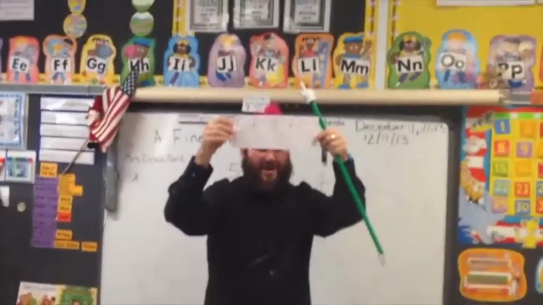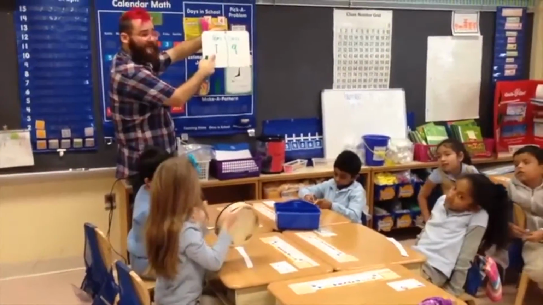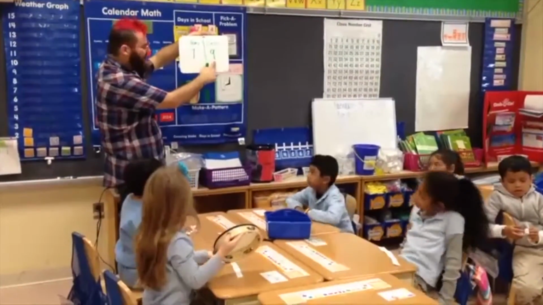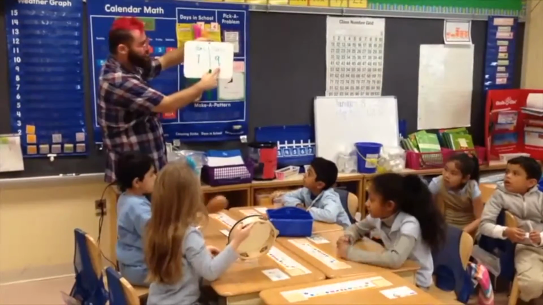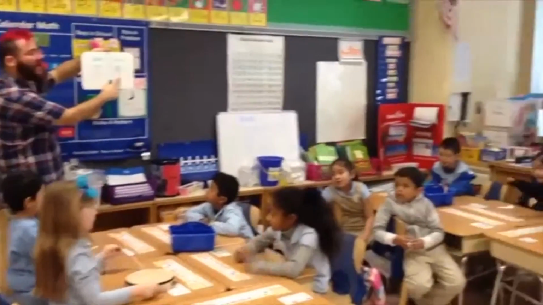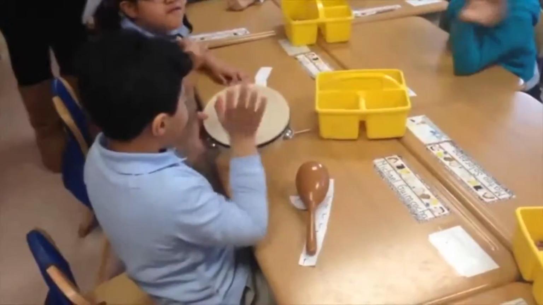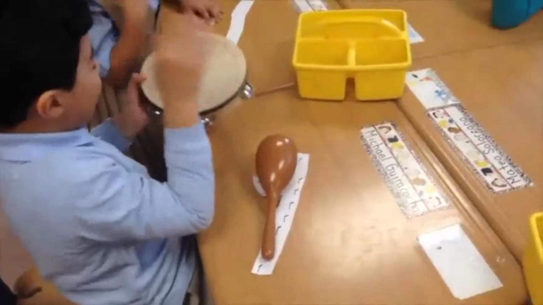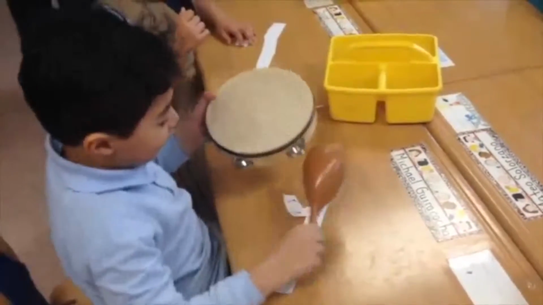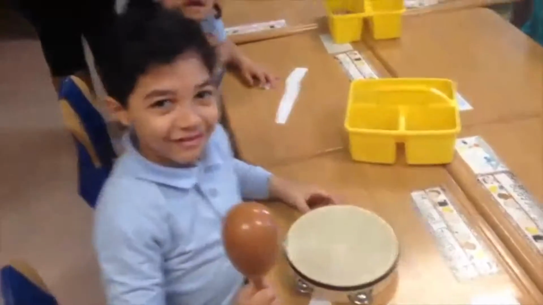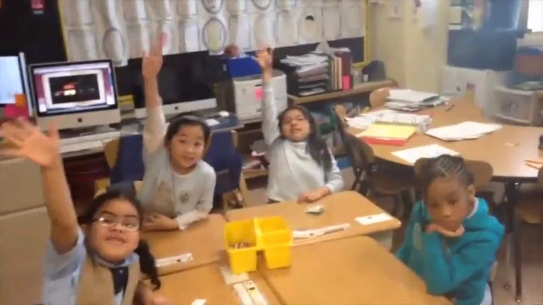Ladies and gentlemen, give them a good round of applause. 1, 2, 3, 4, 5, 6, 7, 8, 9, 10, 11. We got 11, 12, 13, 14, 15, 16, 17, 18. Go. Oh, very good. What's the number, Kaylee?